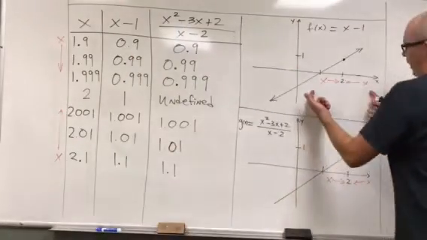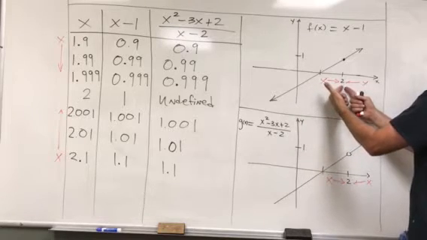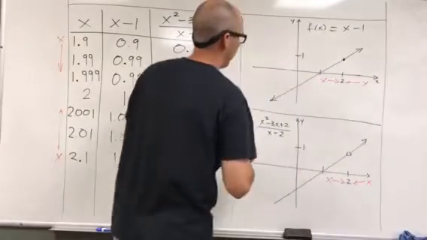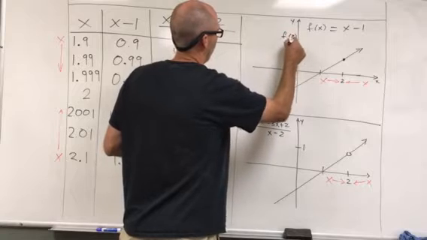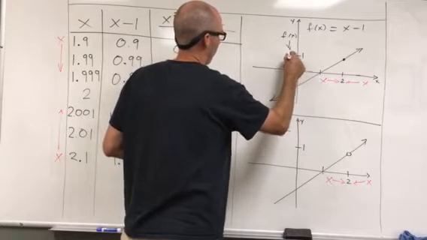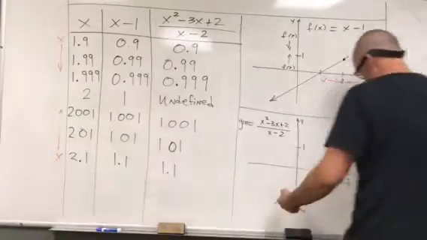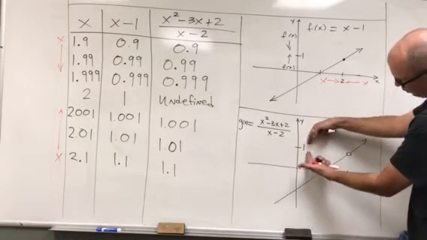As x approaches 2, both from the left and from the right, we can see graphically that f of x approaches 1.